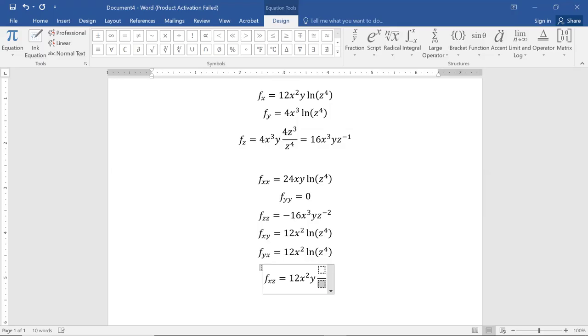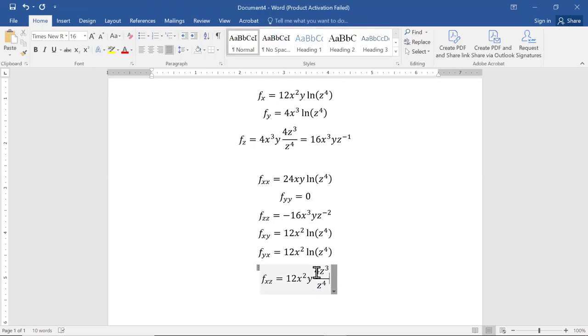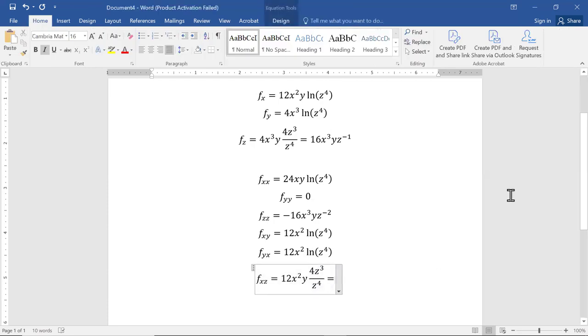That is 1 over z to the fourth times the derivative of the z to the fourth. And when that's all said and done, you get 48x squared times y to the first times z to the negative 1.